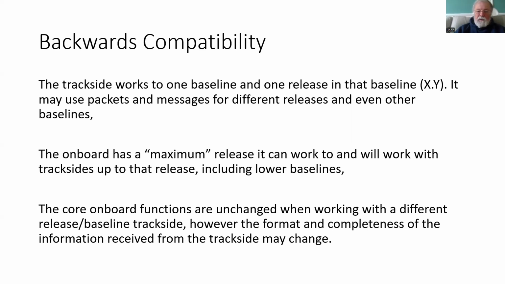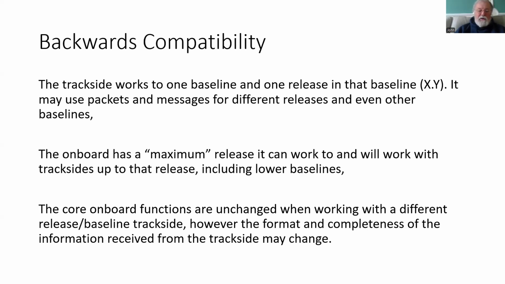When an onboard has to work with a lower release or a lower baseline, if I can refer to them as lower, then the core functionality of the onboard doesn't change. However, what the onboard does is adjust how it processes messages received from the trackside and sent to the trackside.